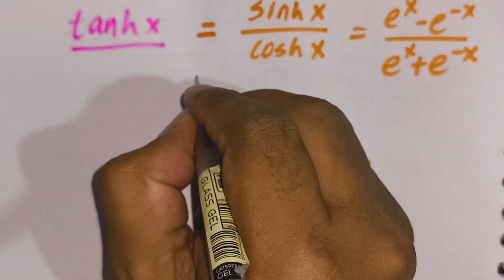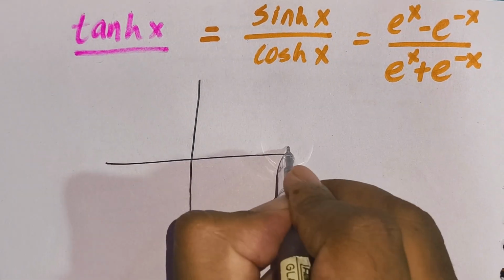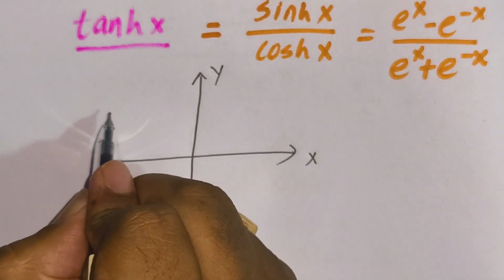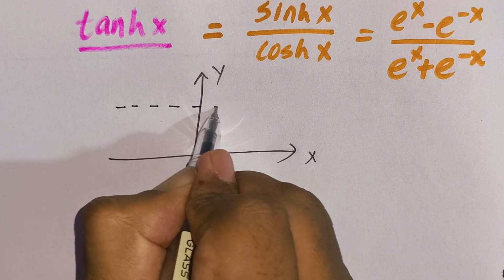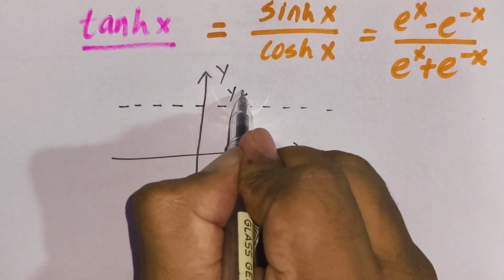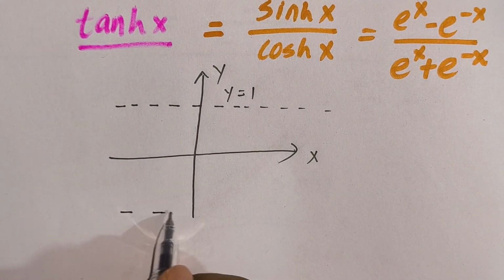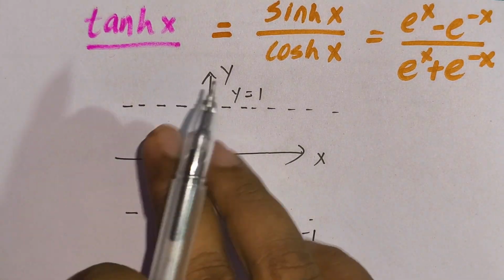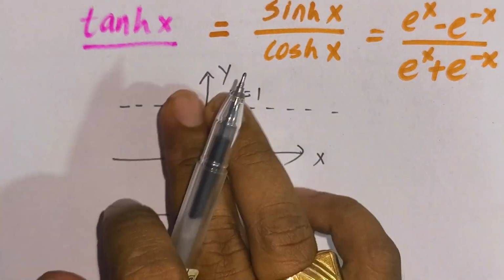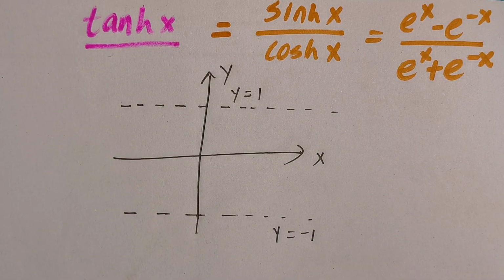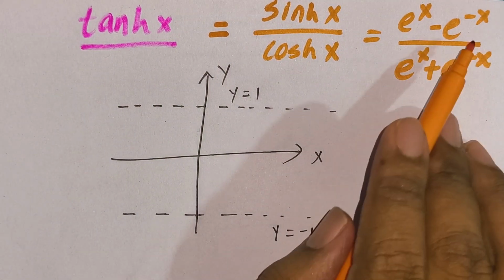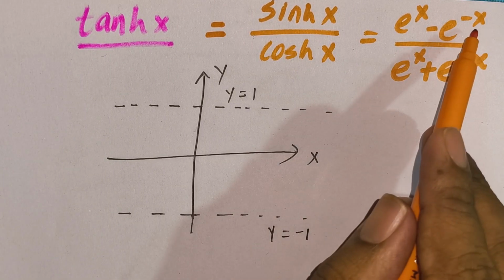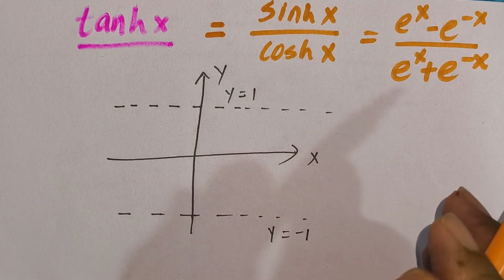So this is our y-axis, this is our x-axis. For the hyperbolic tangent, this is our y equals 1, this is our y equals, let's say, minus 1. Hyperbolic tangent lies between these two lines, and when you go towards a large positive value of x, e to the power minus x goes to 0.